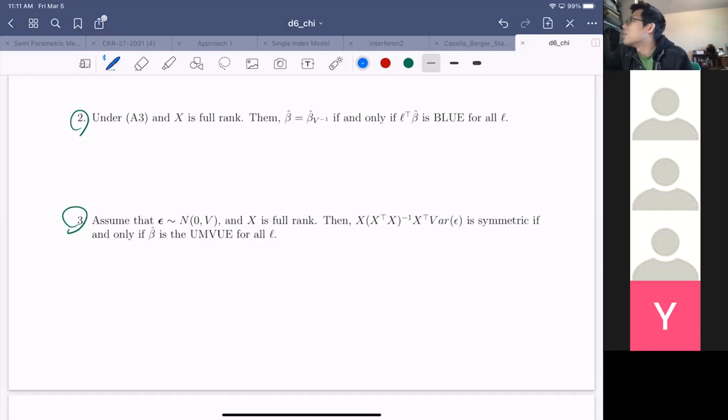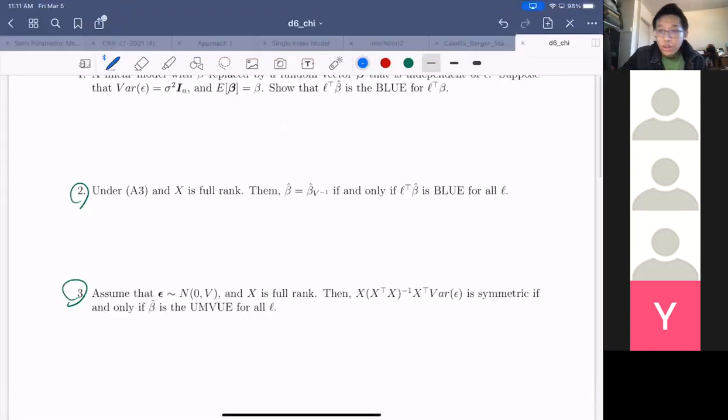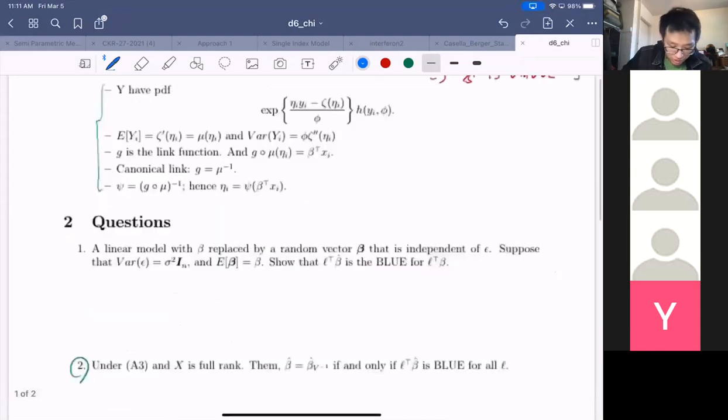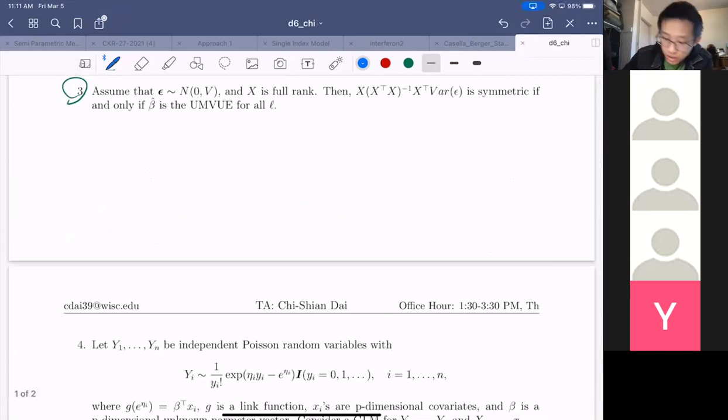The way they say this is, he said it's BLUE because if you consider V to the negative 1/2. I didn't use this, but here is how it works.